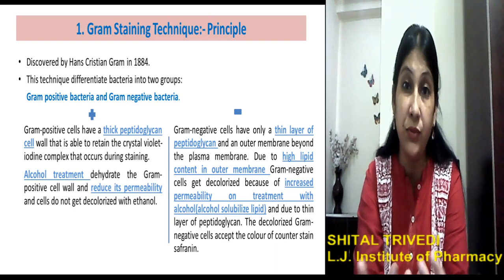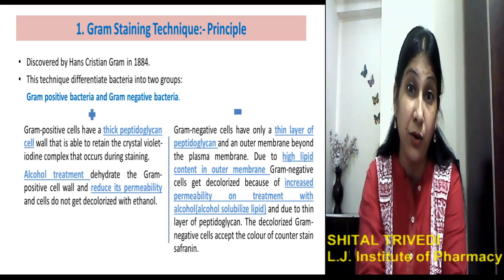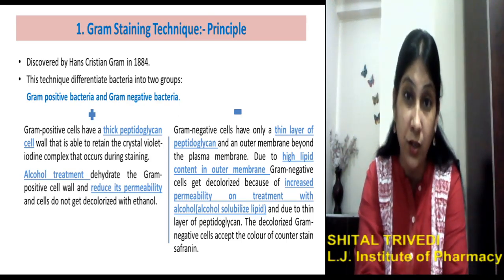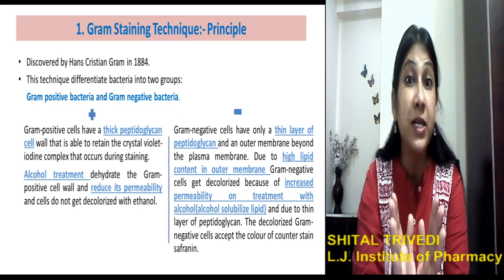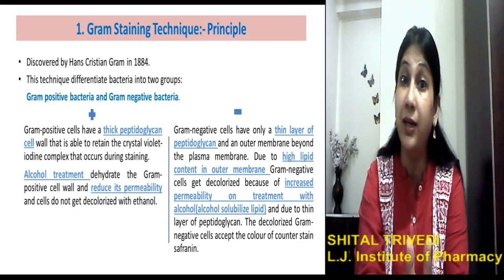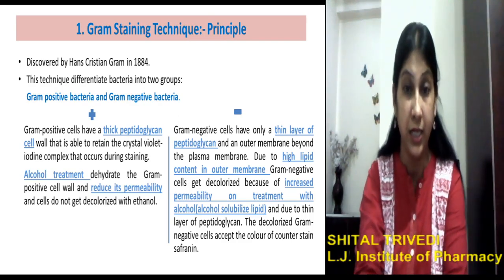What is the reason that this staining technique classifies organisms into these two categories? It is because of the difference in their cell structure, specifically the cell wall structure and composition, that is, the peptidoglycan content and lipid content.